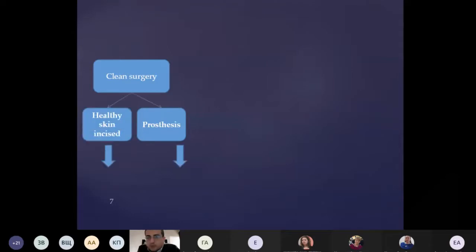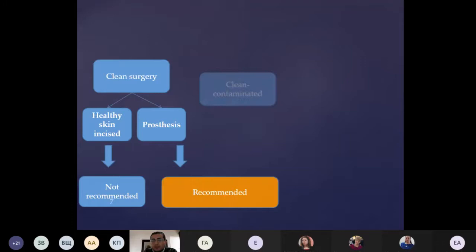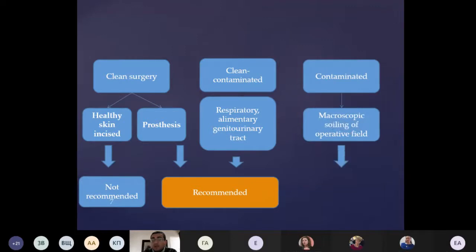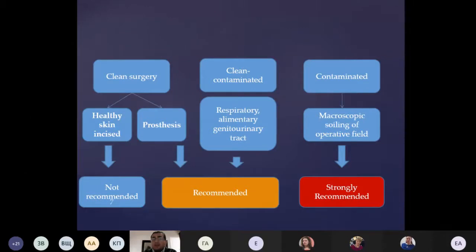It's my pleasure to be with you the second time today in this great conference. So I talk just about the types of surgery according to microorganism. We classify the types of surgery according to microorganism: clean surgery, clean contaminated, and contaminated surgery. For clean surgery with healthy skin incised, we do not recommend antibiotics, neither the clinicians nor the guidelines.